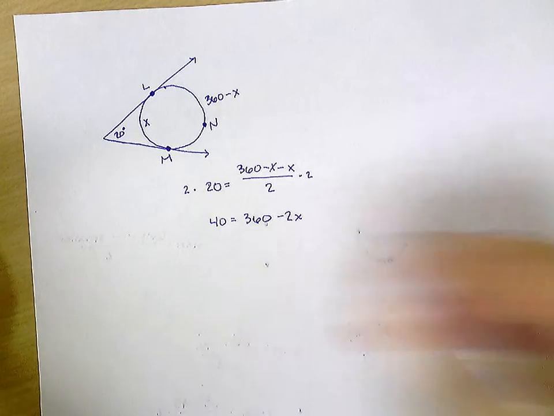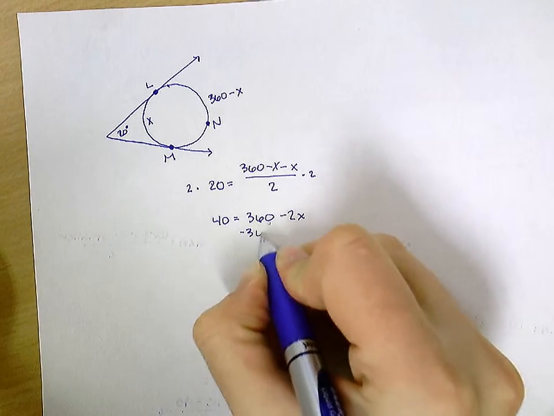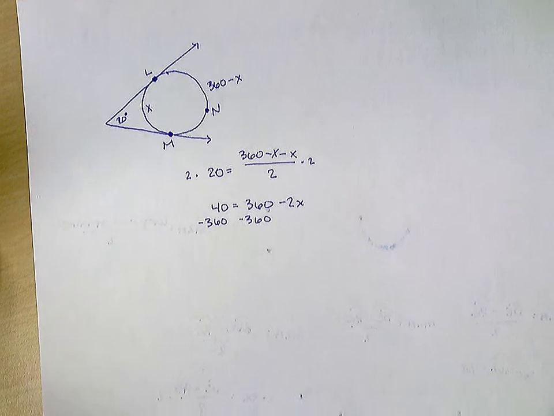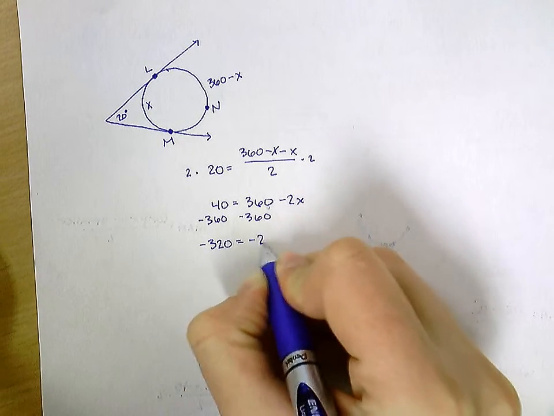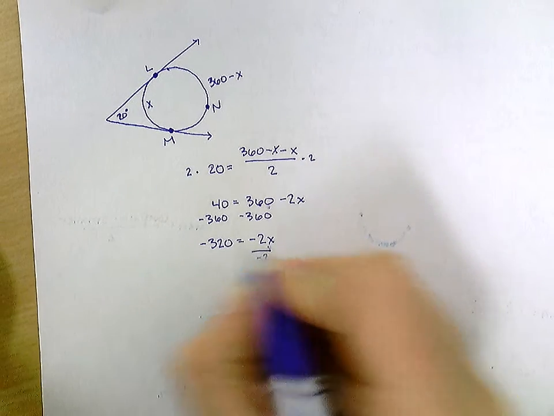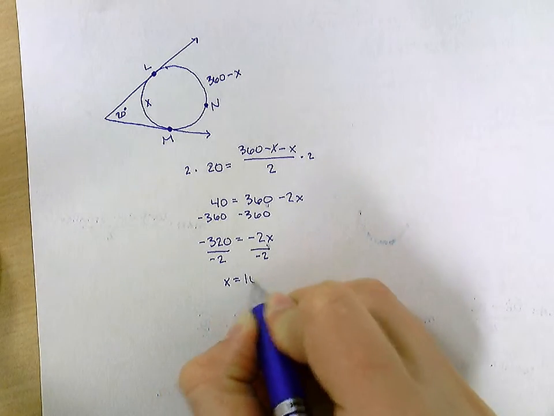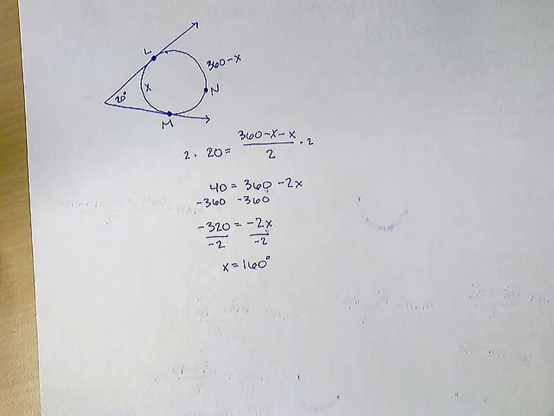Minus 2X. Okay, subtract 360. So I have negative 320 equals negative 2X. That arc would be 160.